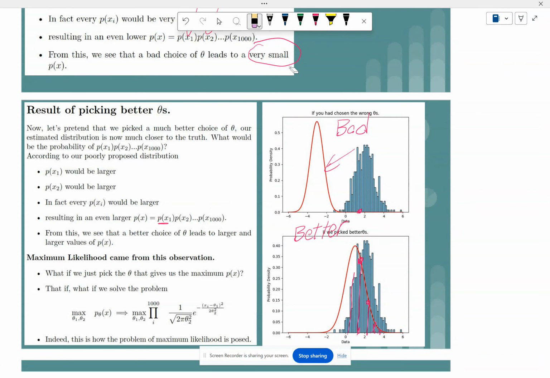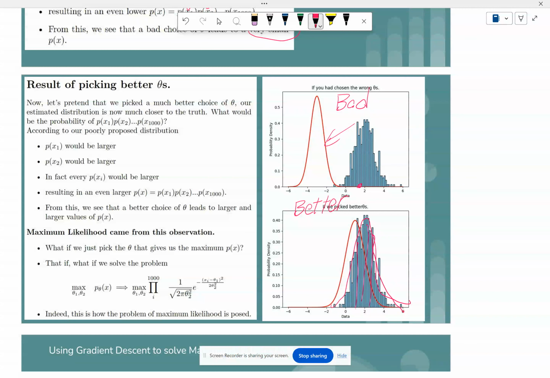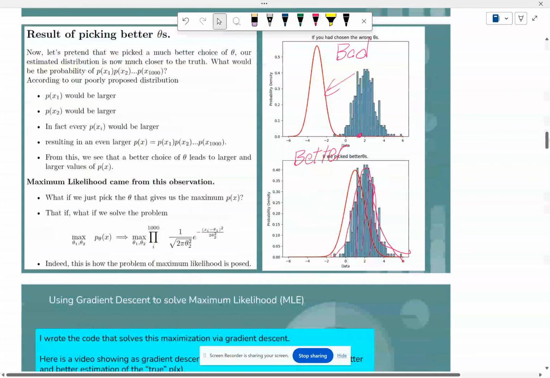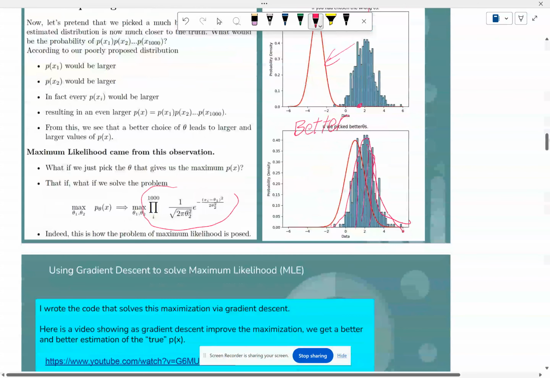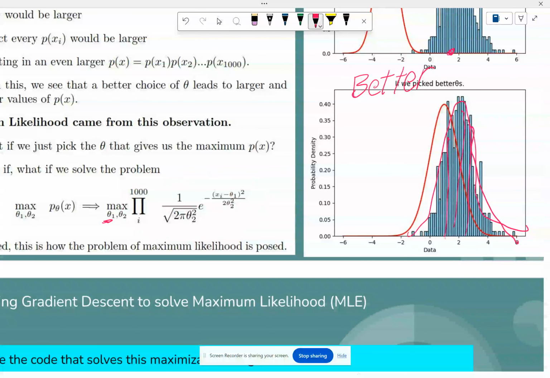So, from this observation, you can see that as you make better and better guesses towards the real true distribution, then your joint probability is going to be the highest possible, right? So based on this observation, if this equation is our joint probability distribution, and you were to find the theta 1, theta 2, or the mu and the sigma, whatever you want to call them, these are the unknown variables, theta 1, theta 2.